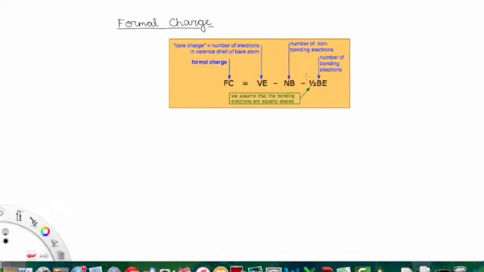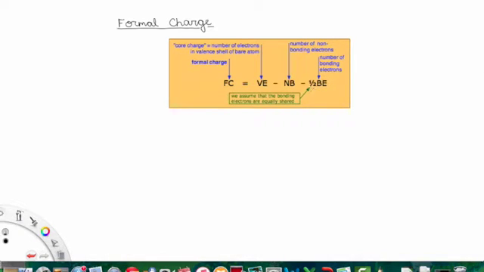So now moving on to formal charge. Formal charge of an atom indicates the gain or loss of electrons while forming covalent bonds. The way in which you assign formal charge is via this equation, where this is formal charge, this is the number of valence electrons, this is the number of non-bonding electrons, and this is the number of bonding electrons.